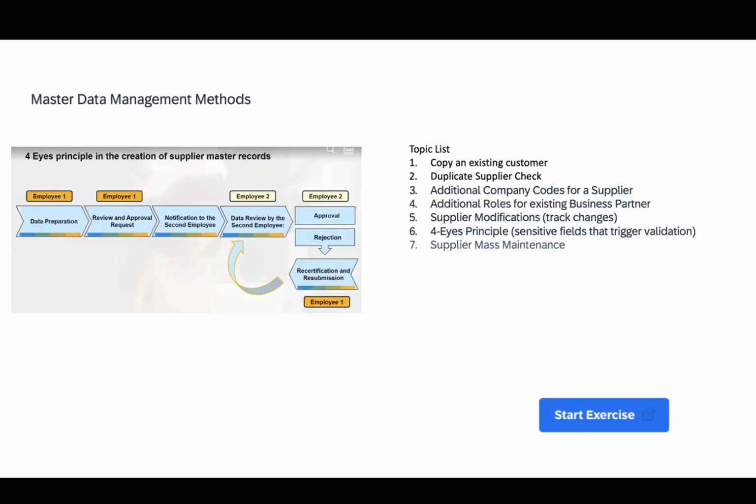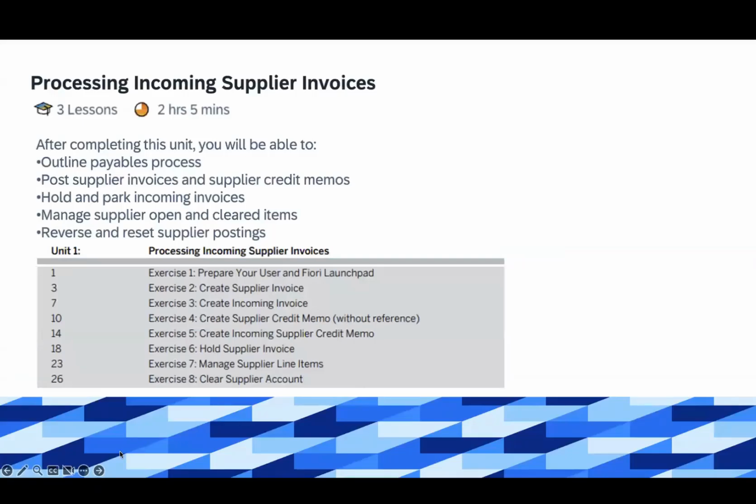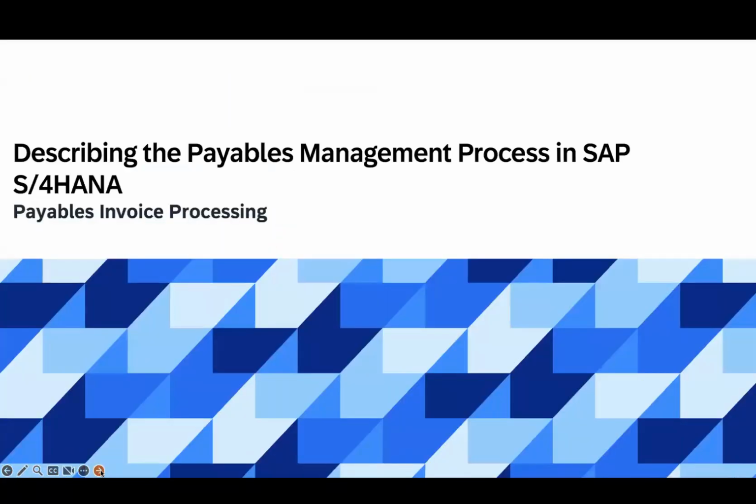You could say that if somebody changes this field, it needs to go into an approval mechanism, and it looks like that over there. And then we have supplier mass maintenance, which we can do. I'm not going into these exercises because I'm keeping an eye on the time. We're almost up to halfway, and we'll try and keep the time so we can cover the whole content.